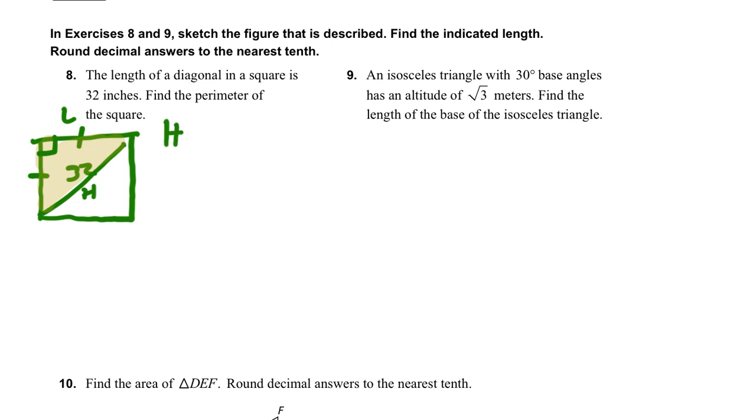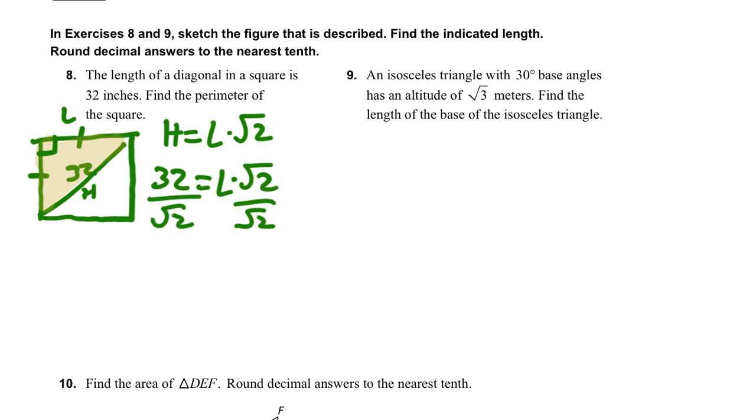So my hypotenuse equals my leg times square root of 2. Well, my hypotenuse here is 32. And the next thing you know, I'm going to set that equal to my leg, which I don't know, times square root of 2. So if I divide both sides by square root of 2, I'm going to get that my leg is 16 square roots of 2.